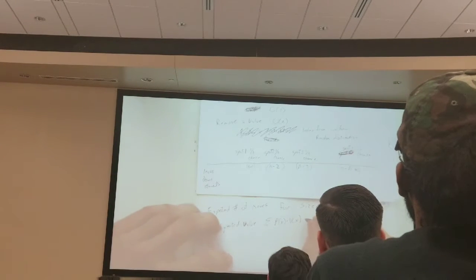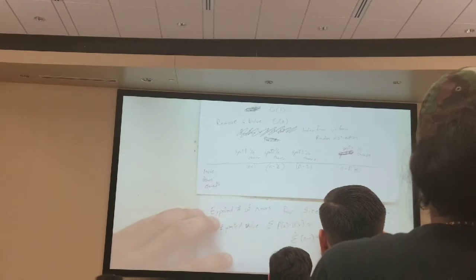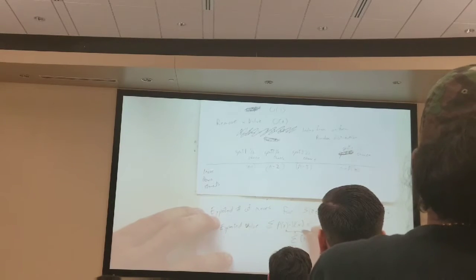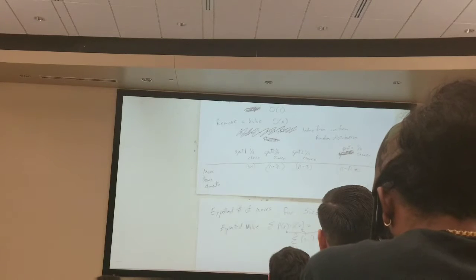So it's going to turn into, in our case, the summation of i equals 1 to n of n minus i times 1 over n, because 1 over n is the probability. I swapped these two because I'm the nerd. And we end up getting this formula.